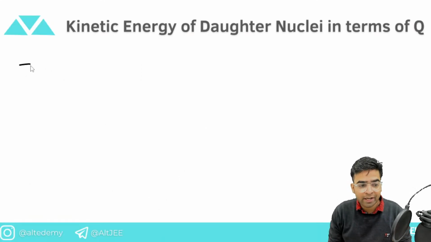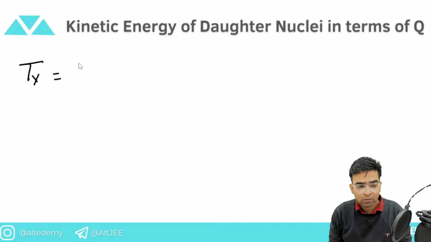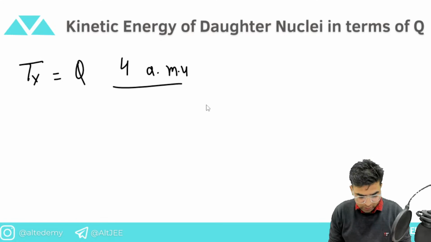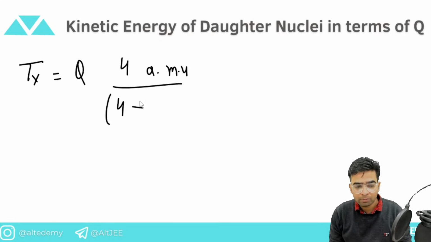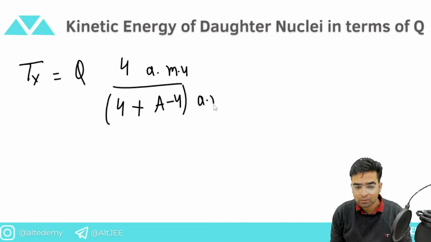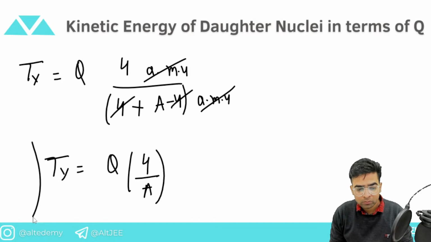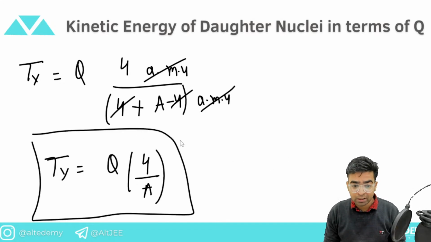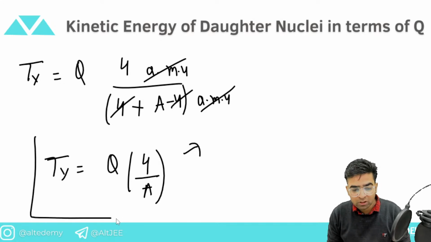So T_y will be Q times 4 by A. The kinetic energy of the daughter atom will be Q into 4 by A, where A is the mass number of the parent atom.